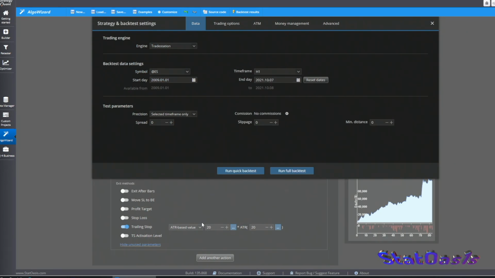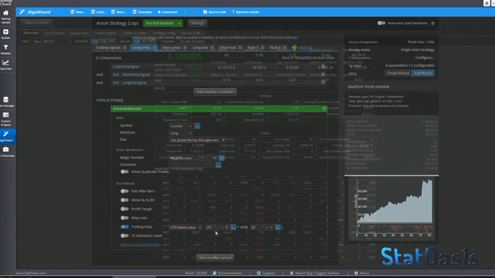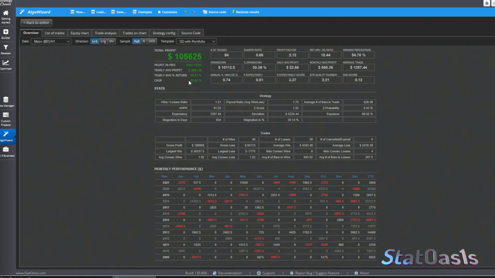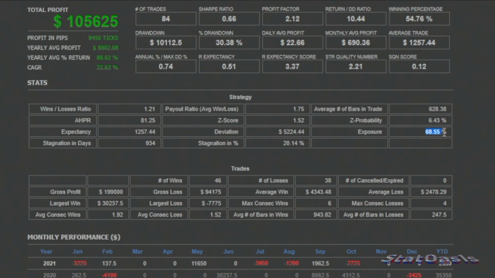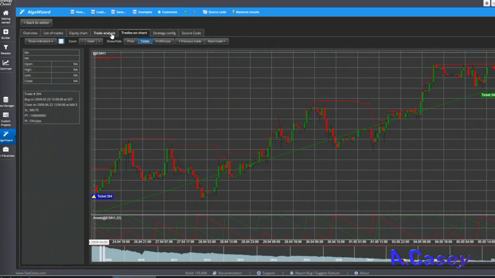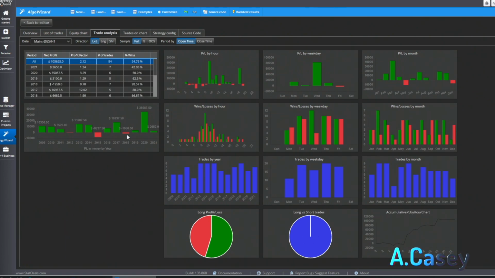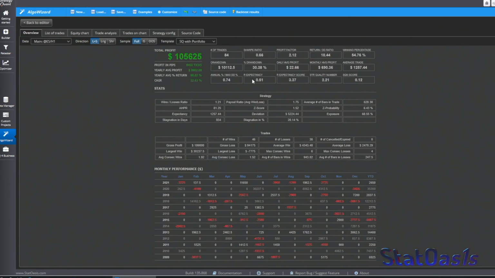So that's why you need a big number to make a difference. And now we are compounding at 22 with 68% exposure. And let's see. So we have 2018, 2015, 2012 down years. But overall, the strategy, I would say, is good.